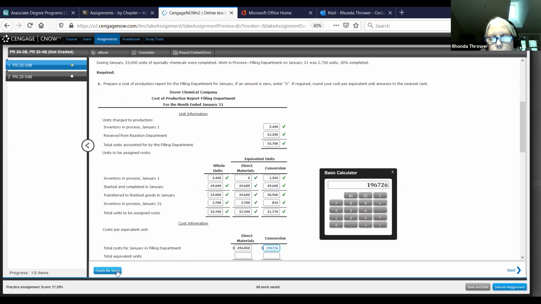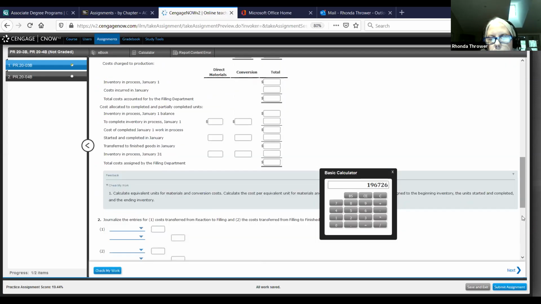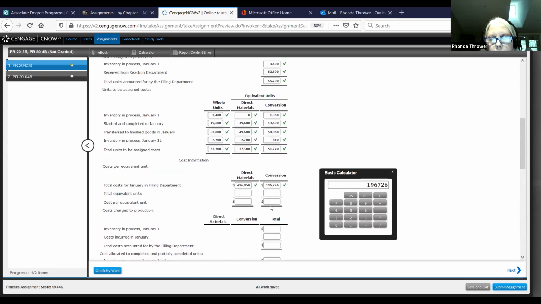I'm going to check my work just to make sure that I added correctly. We don't want to go any further if these numbers are wrong here. They are correct. So I'm going to move to the next thing they tell us to put here. Total equivalent units. Our total equivalent units for our materials is 52,300.